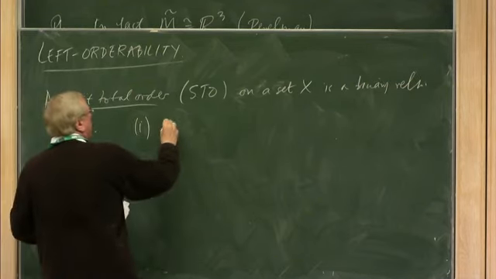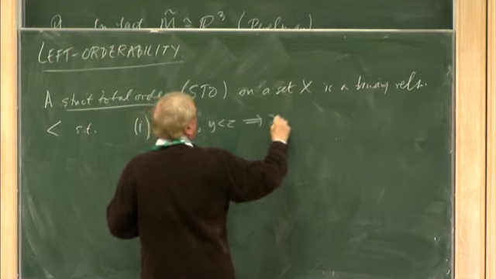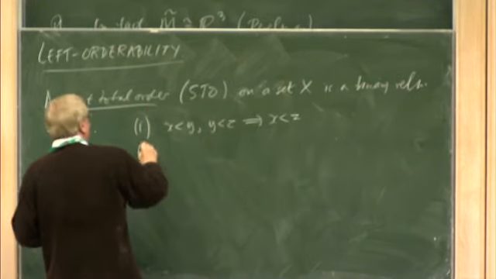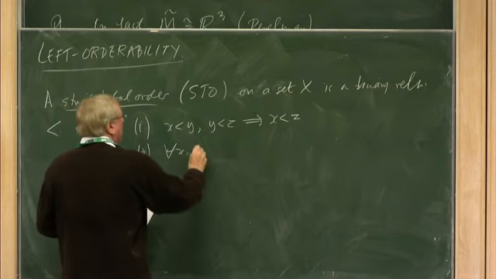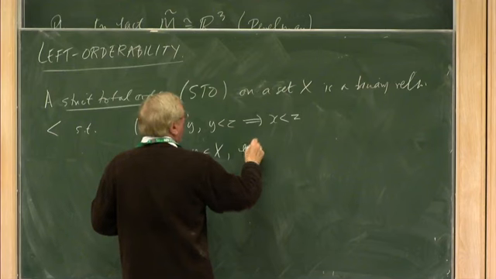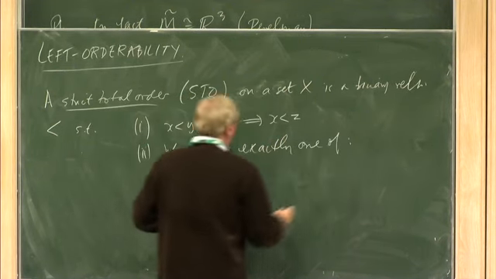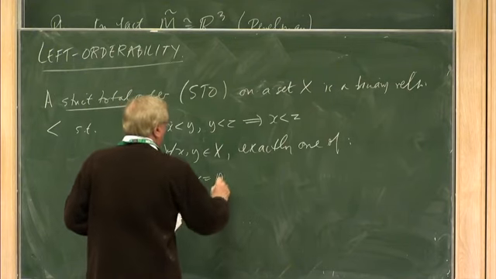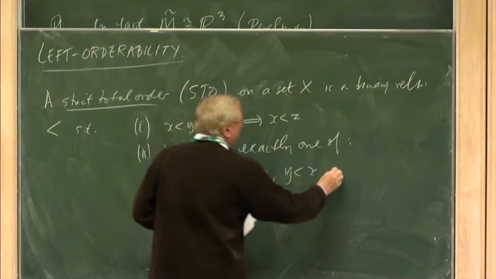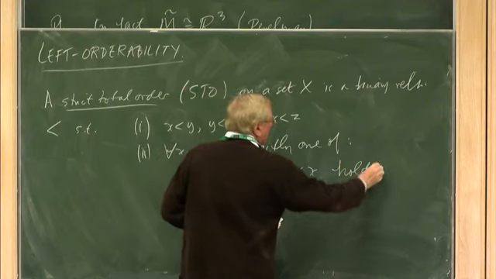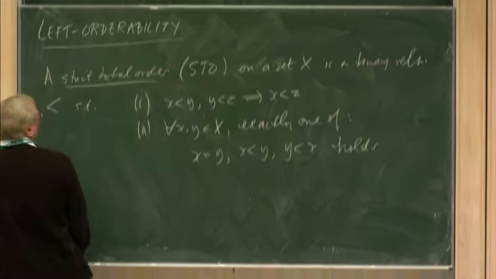You have transitivity: x less than y, y less than z implies x less than z. And then you have trichotomy, that for all x and y in X, exactly one of the following holds: either x is equal to y, or x is less than y, or y is less than x. So that's a purely set theoretic notion, strict order.